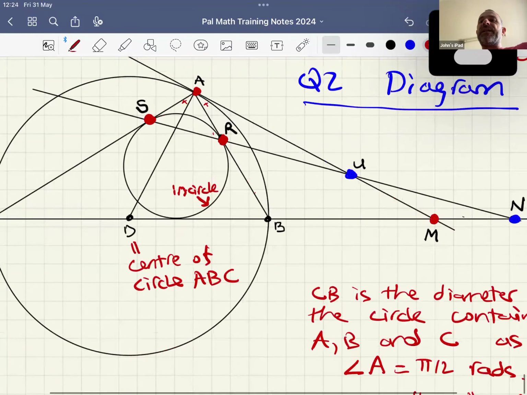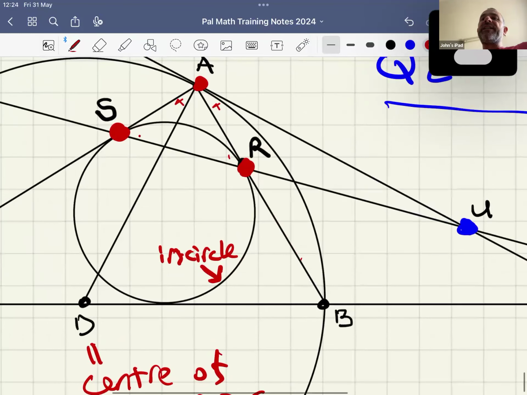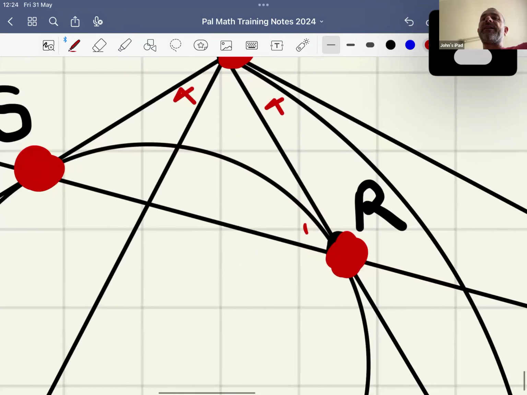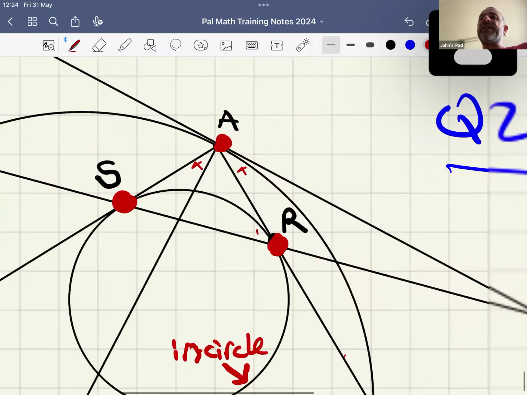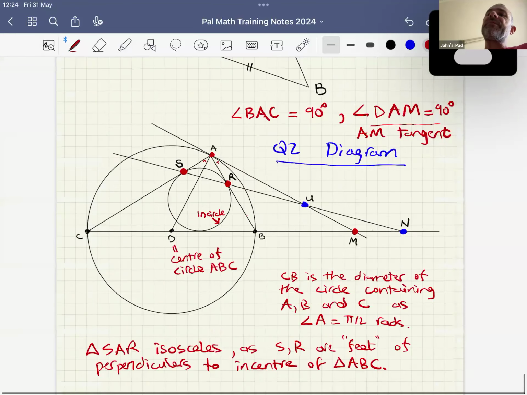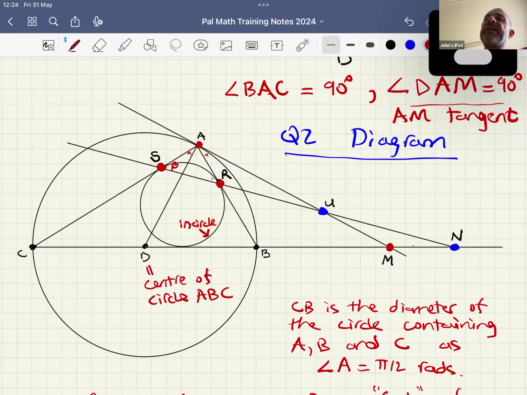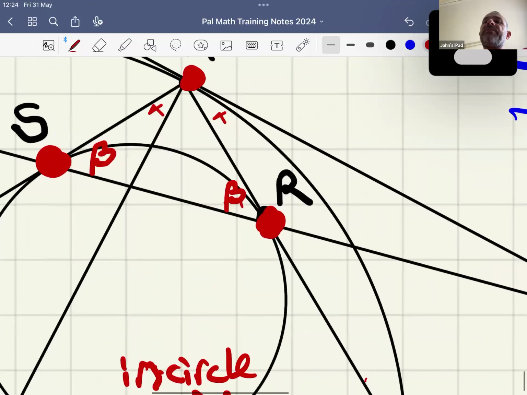Okay, so we have an angle beta here and an angle beta here. Sorry, I'm just trying to make it, this is hard to draw properly. I'll draw it big and then we'll have a look. There's beta and there's beta. So I'll blow it up. So we've got the angle beta there and the angle beta there.